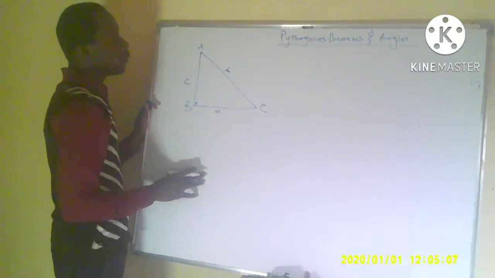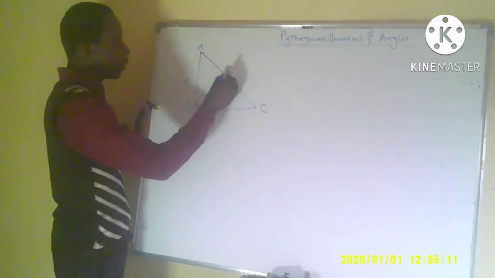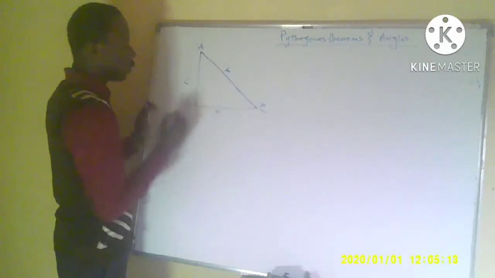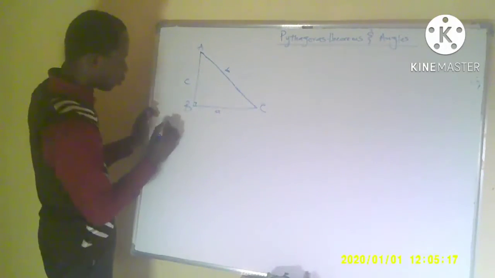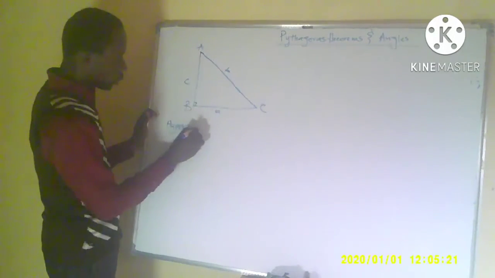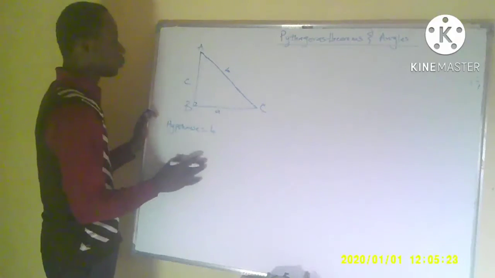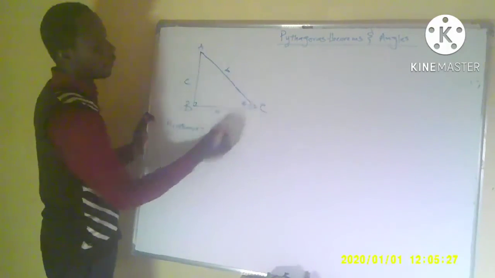You need to understand that the longest side of this triangle is b. If you trace very well, the longest side is b. The longest side in a triangle is referred to as the hypotenuse. So our hypotenuse is equal to b. Now let's assume the angle is situated here.